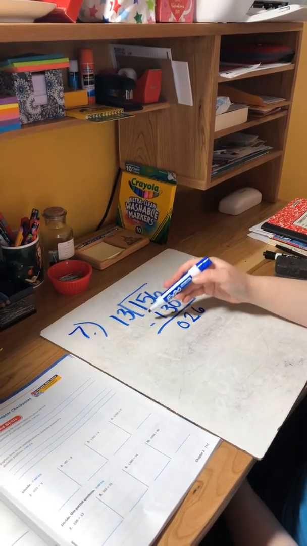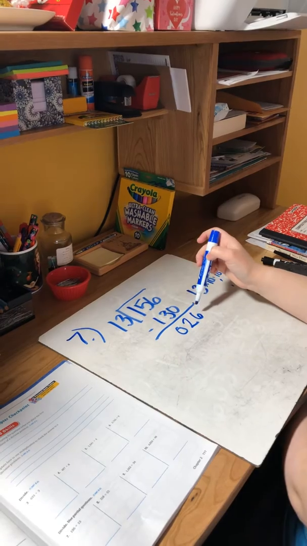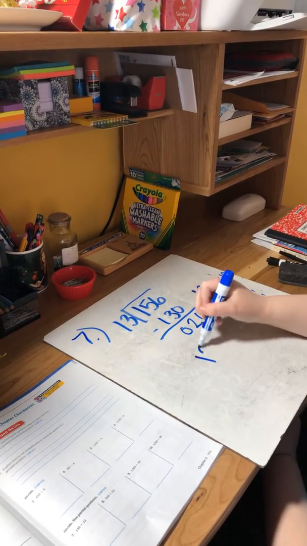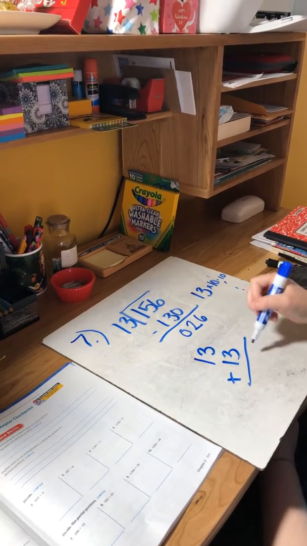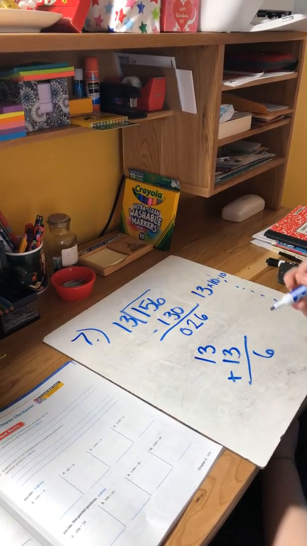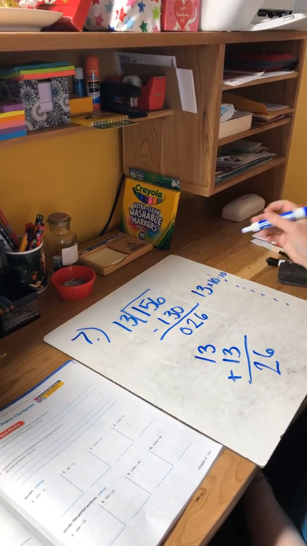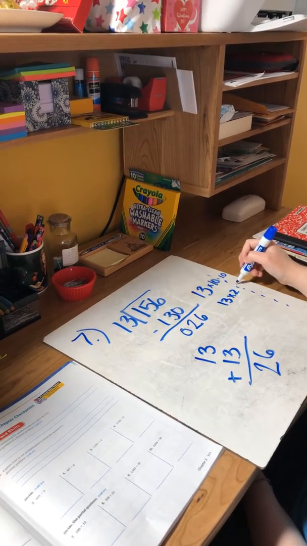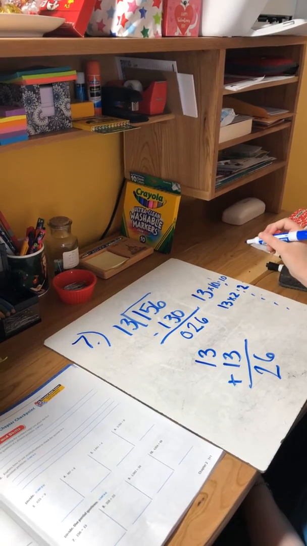Alright? 13, how many times can 13 go into 26? We know by using our math that 13 plus 13 is, 3 plus 3 is 6, 2 plus 1 plus 1 is 2. Alright? So that would be 13 times 2 equals 26. So we're just going to keep it 2, all right?